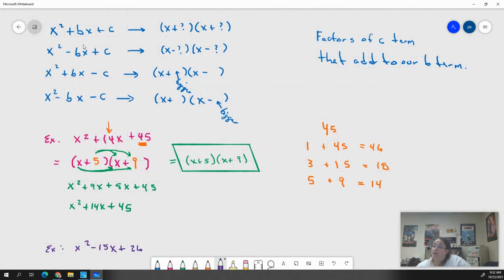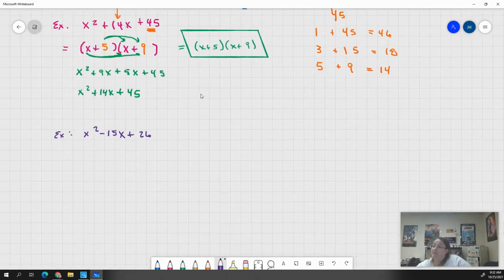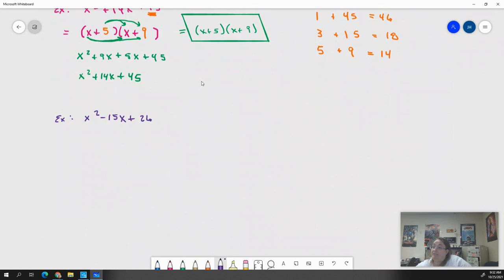And if you look at our chart, that's the second thing here. So you know all our factors are going to be negative. I'm going to have an x minus something times an x minus something else. Otherwise, everything's going to be the same. I'm going to take my factors of 26 that add up to negative 15, right? So all our factors are going to be negative.